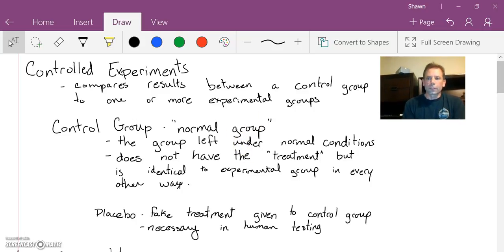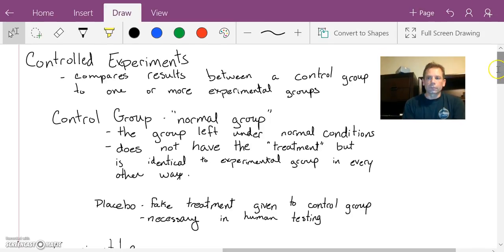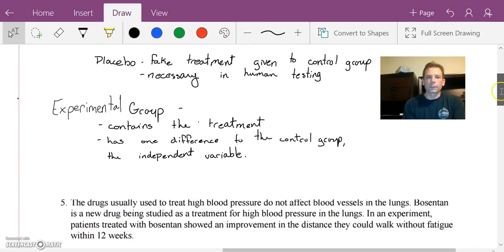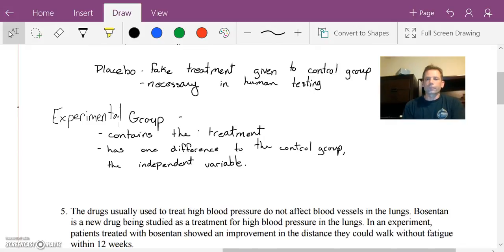That's the control group. The other group we need to worry about is the experimental group. And the difference, like we said, is that the experimental group does contain the treatment. It does have the variable. It's identical to the control group, except that it has a variable in it that's being tested, and that's the independent variable. And we really should put that down.